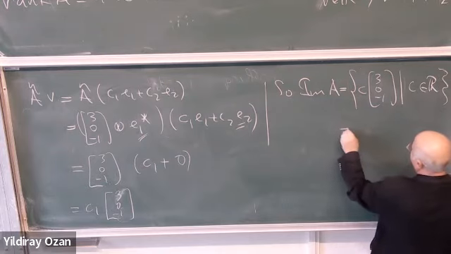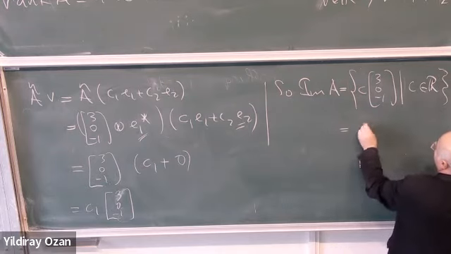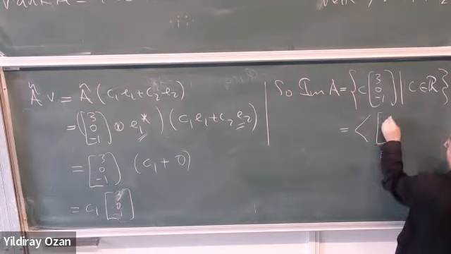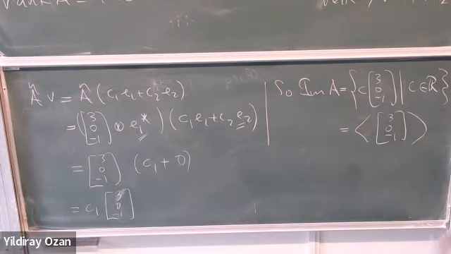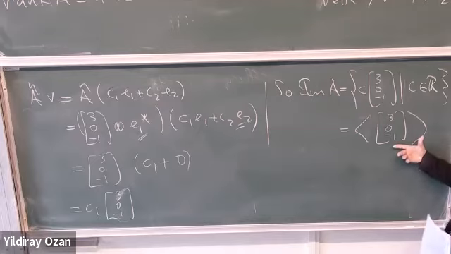And we can write it this way. So it is the subspace spanned by this vector. Okay, just multiples of this.